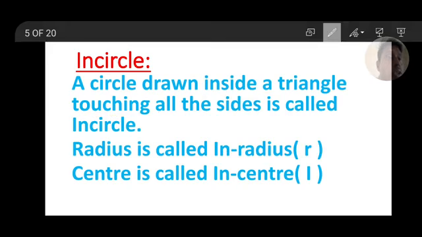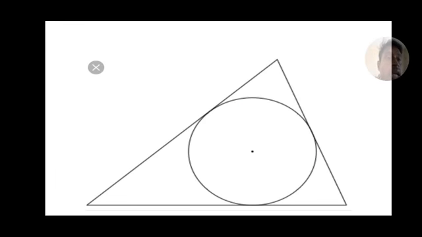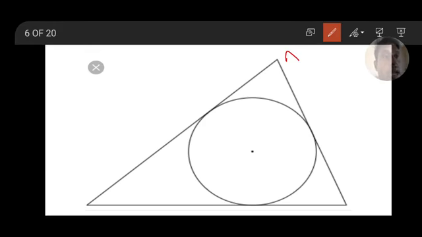How will it look? It is a triangle ABC. The circle which is drawn inside the triangle is touching all three sides of the triangle.